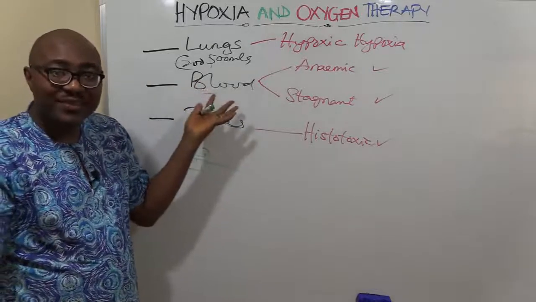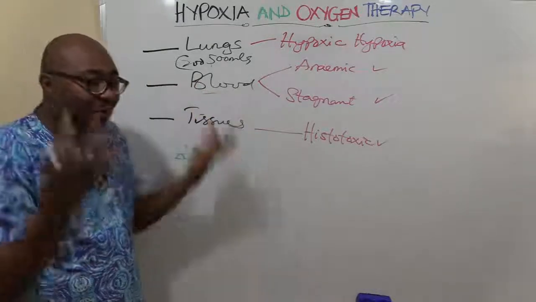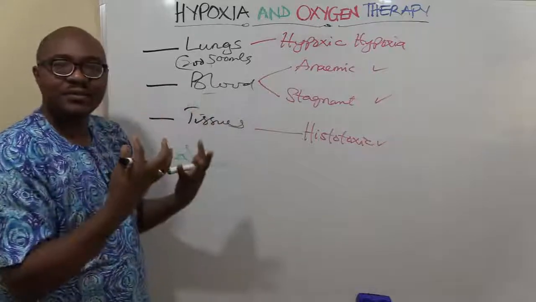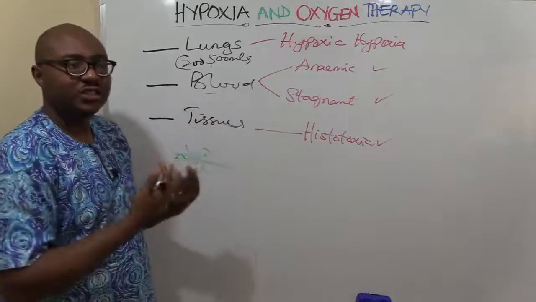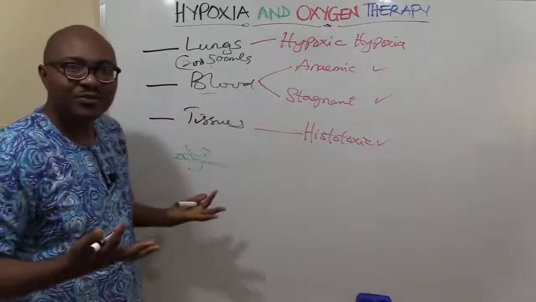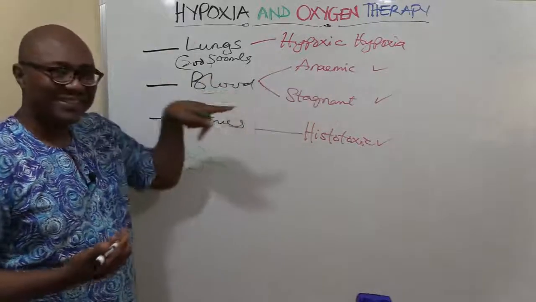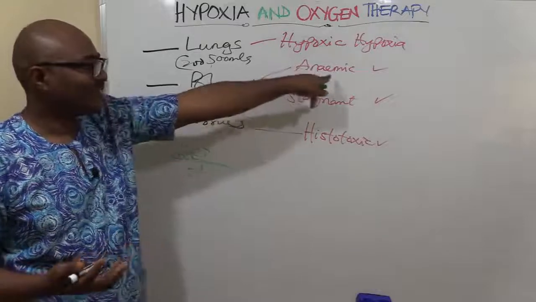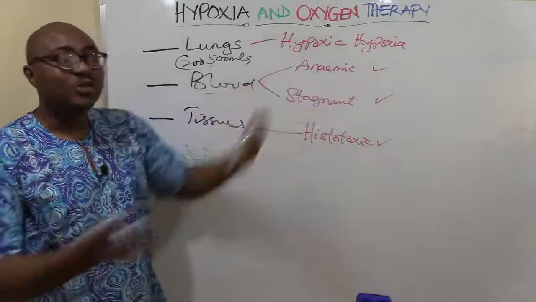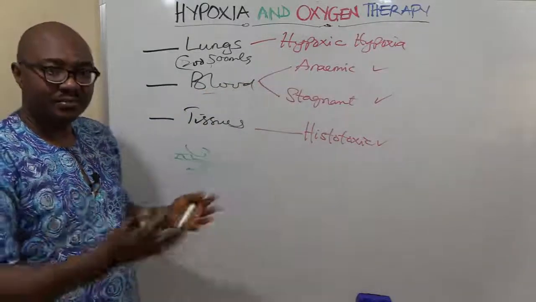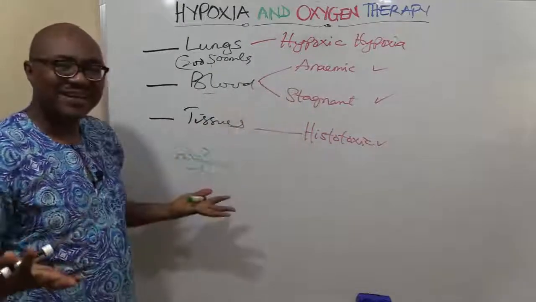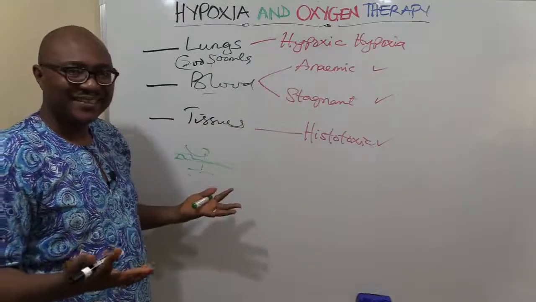Oxygen cannot be transported. Do you understand? The blood cannot carry enough oxygen to all the tissues of the body for utilization. Deficiency of oxygen at tissue level. It's called anemic hypoxia. So anything that will cause anemia causes anemic hypoxia. All right.